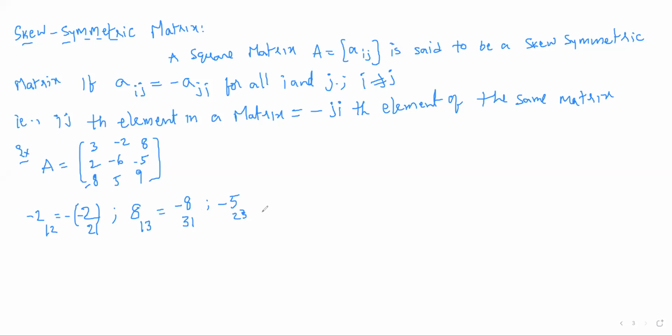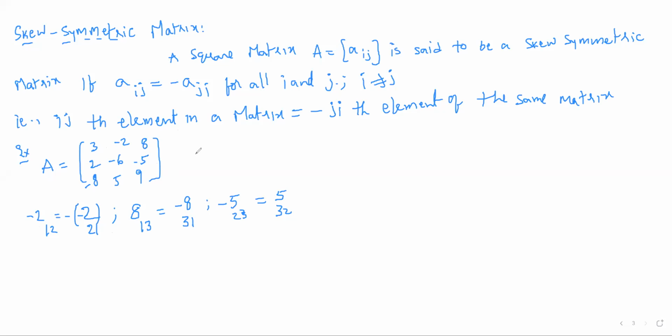If you interchange the suffixes, third row, second column is 5. Both have opposite signs. We can also think like this: minus 2 at the 1, 2 place, and at the 2, 1 place its opposite sign, plus 2. So it is easy to learn like this.